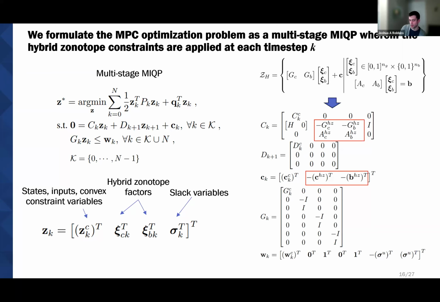So we're using a sparse formulation where we have the states, inputs, and convex constraint variables here as Z, and then we have additionally these hybrid zonotope factors that we need to optimize over as additional variables. What I'm showing on the right side of the slide is that the matrices and vectors that define the hybrid zonotope are just fed directly into the definition of the multi-stage MIQP here.